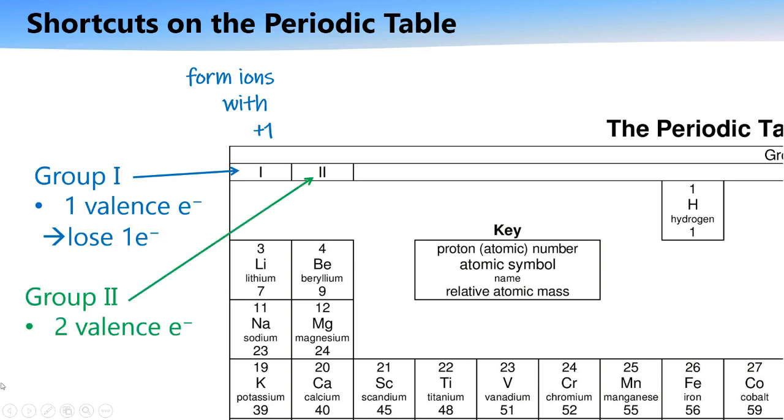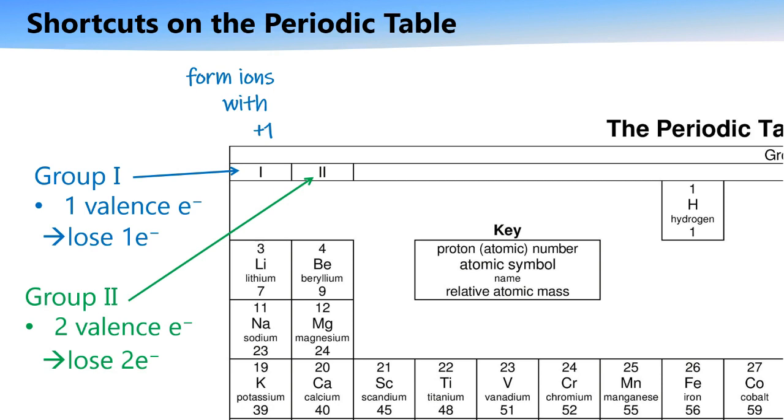Next, group 2. Group 2 elements will have 2 valence electrons. Once again, if it has 2 valence electrons, how will it form ions? It will also lose electrons in this case, but it will lose 2 electrons.